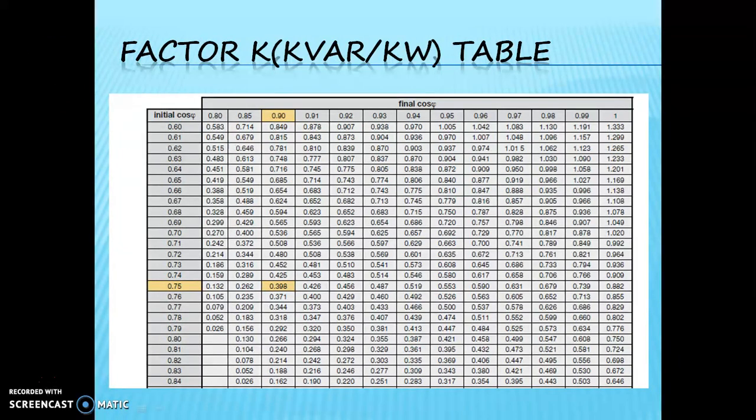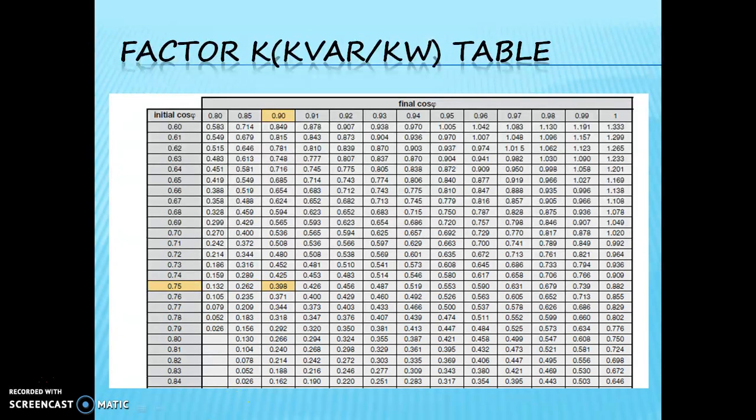This is the standard table. From this you see the initial power factor is given as 0.75, and the final power factor is 0.9. So we need a K of 0.398. This value we substitute in the formula, kW into the factor K, which we pick from the table.